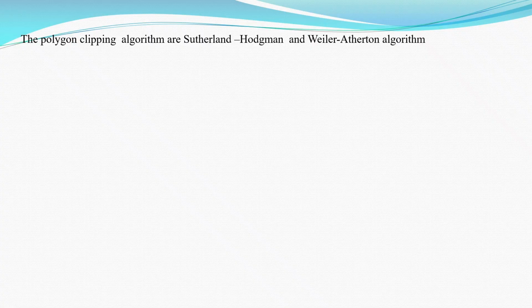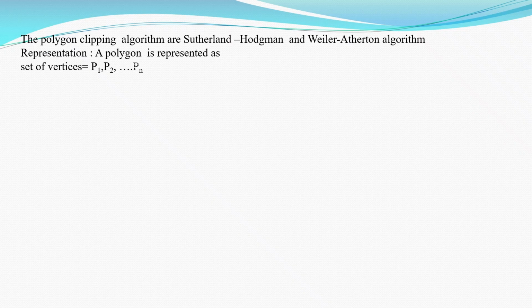So what algorithms are used to clip polygons? The polygon clipping algorithms are the Sutherland-Hodgeman and Weiler-Atherton algorithms. Both are used to clip polygons. First, in this video we cover Sutherland-Hodgeman.